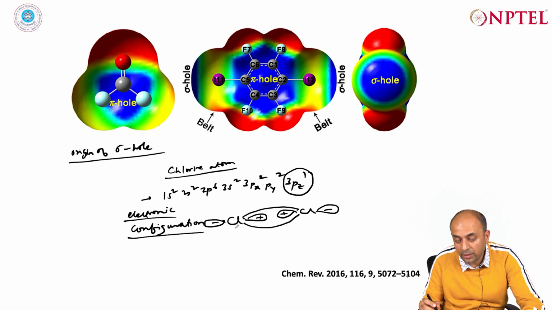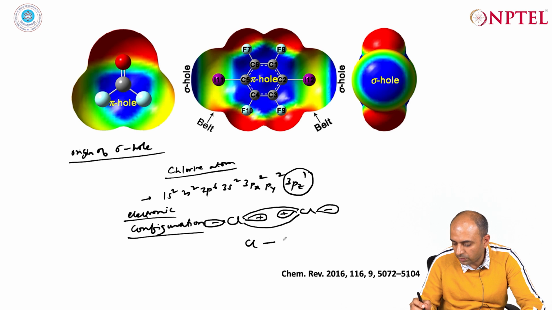So, originally one chlorine atom had one electron, the other chlorine atom had one electron. These two participate in covalent bond formation, and during the process, the electron density from the pz orbital is now pulled towards the center of the chlorine-chlorine bond.